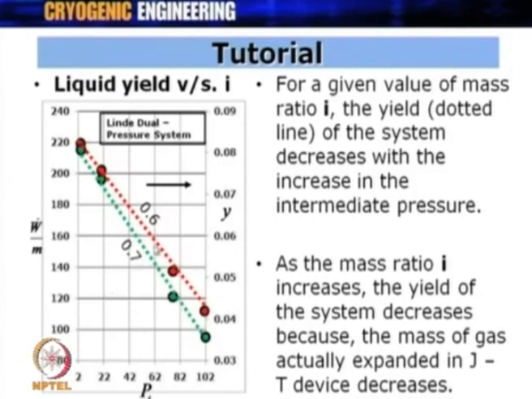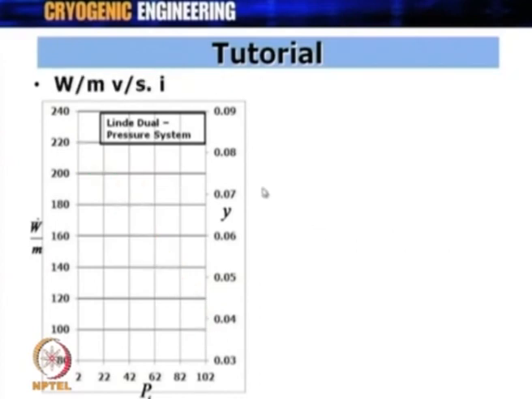However, the work per unit mass of gas which is compressed is going to become less and less, but the value of Y effectively goes on reducing as the value of I increases. So, as the mass ratio I increases, the yield of the system decreases, because the mass of the gas actually expanded in the JT device decreases, and this is the reason that as I increases, the Y value will decrease. Now, let us plot the second parameter, which is W by m dot versus I.